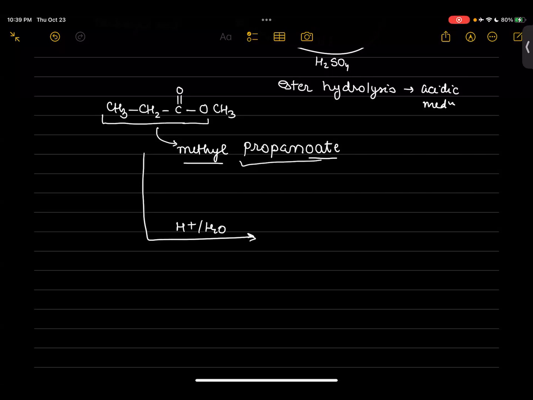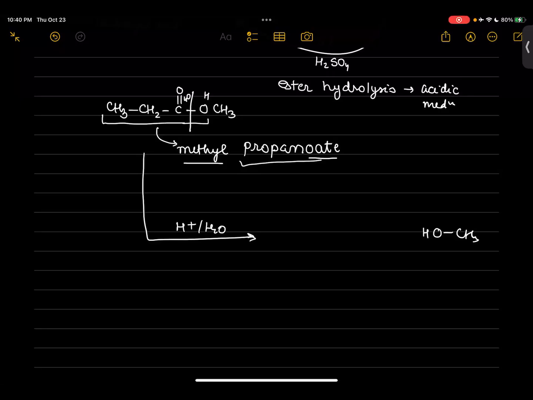CH3OH. Yes, absolutely correct. That is the alcohol part. Just put H on O and OH on the other side of the cut. Is this clear?